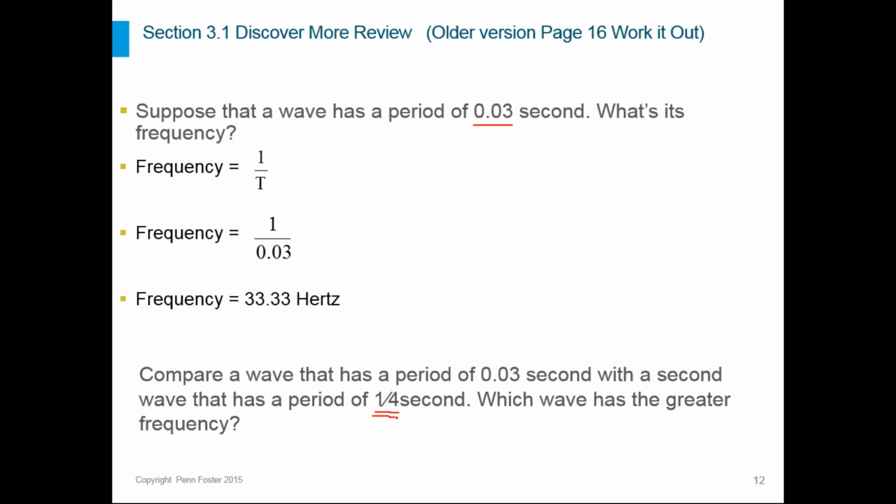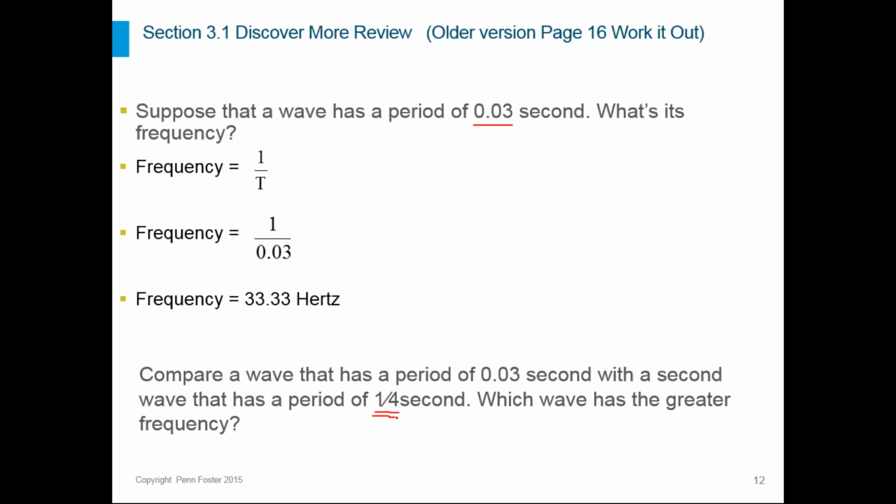It's still a fraction, but it's a larger number. 1/4 is much bigger than 3/100ths. So if the second wave, the one from the second question, has a larger period, that should mean that it has a smaller frequency, because frequency and period are opposites. They're inverse. So let's do the math and find this out.